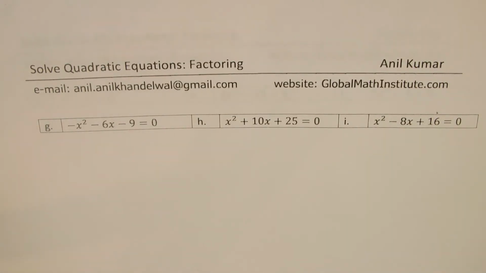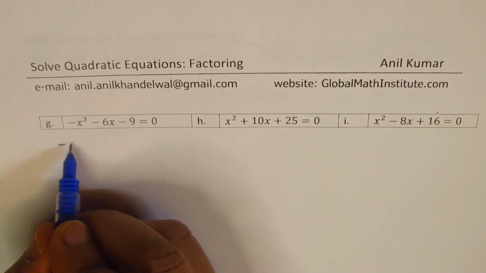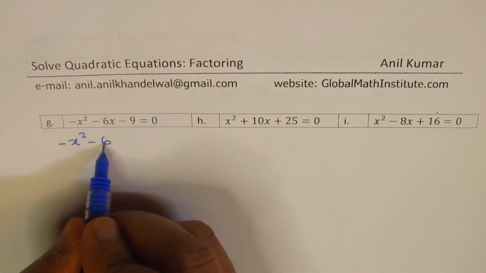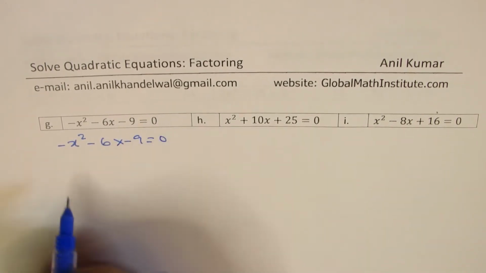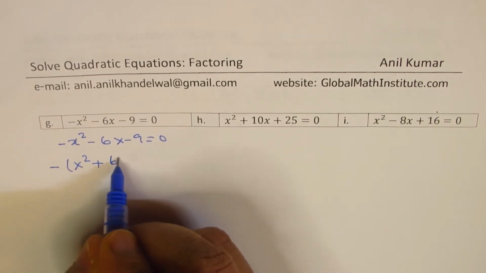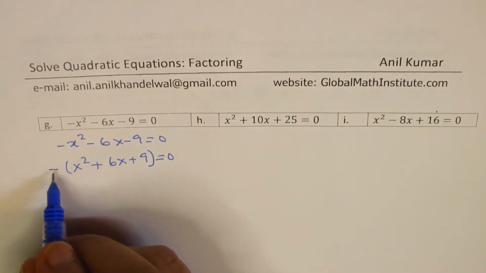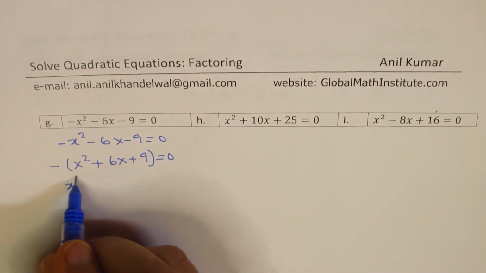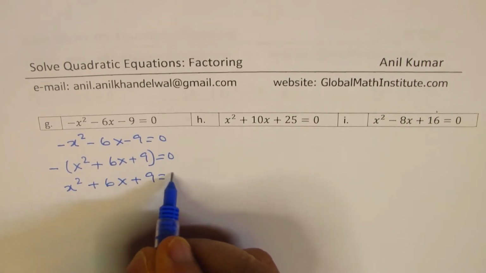The next set, now we have all negative numbers, which is minus x squared minus 6x minus 9 equals to 0. You can always take minus common, right? So you write this as minus of x squared plus 6x plus 9 equals to 0. You could drop this minus and just take x squared plus 6x plus 9 equals to 0.